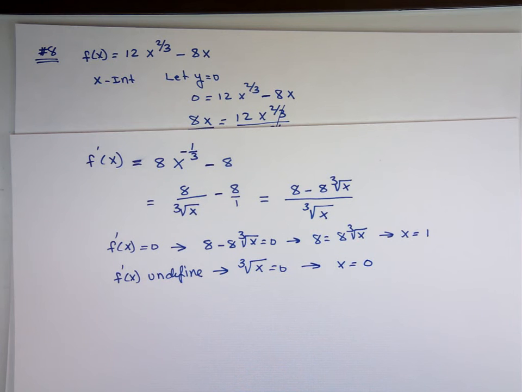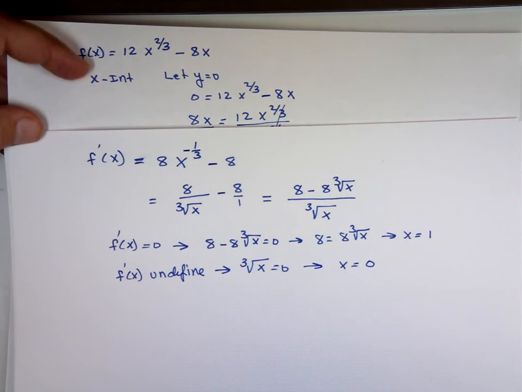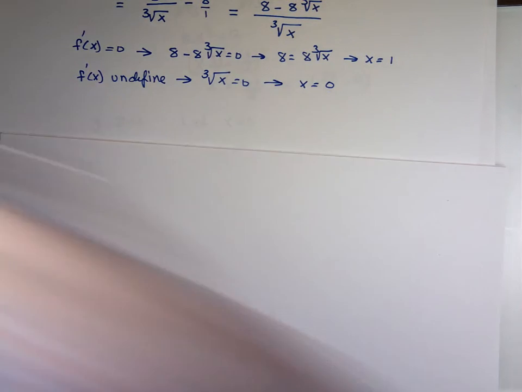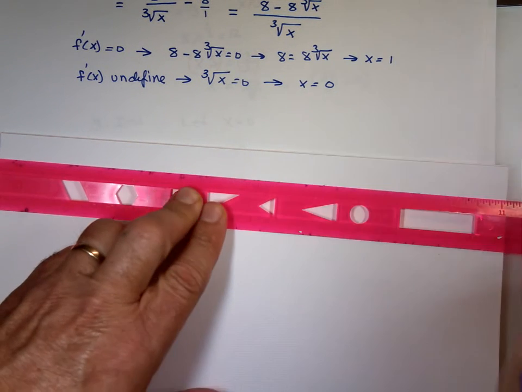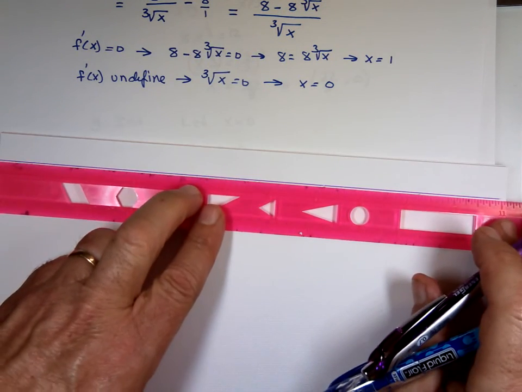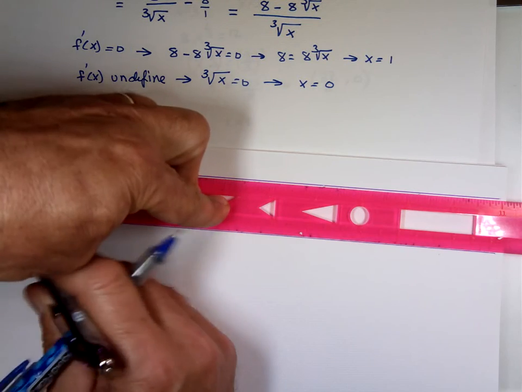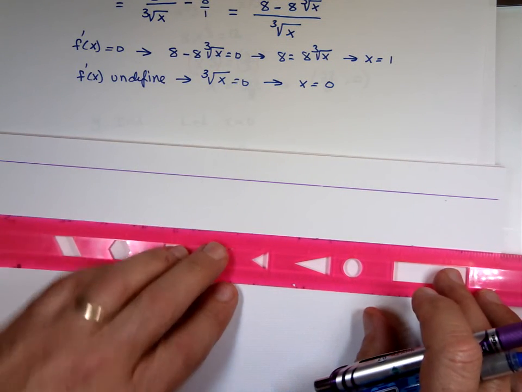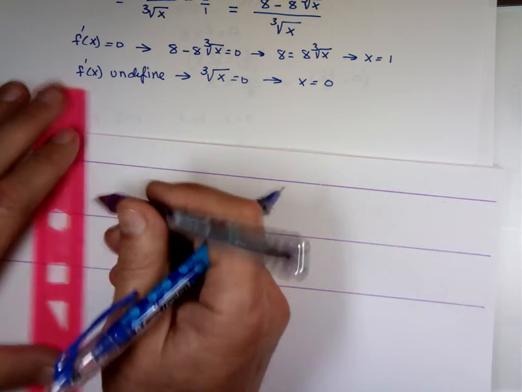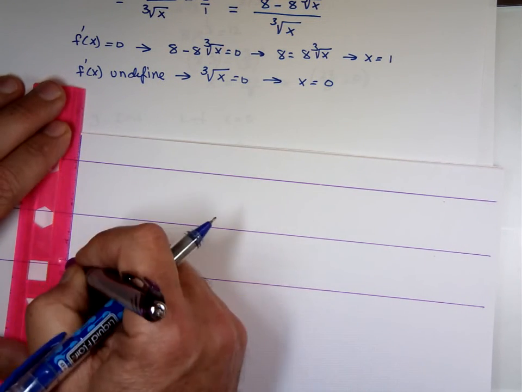Okay. Let's make a box. The usual procedure here. First derivative, second derivative.